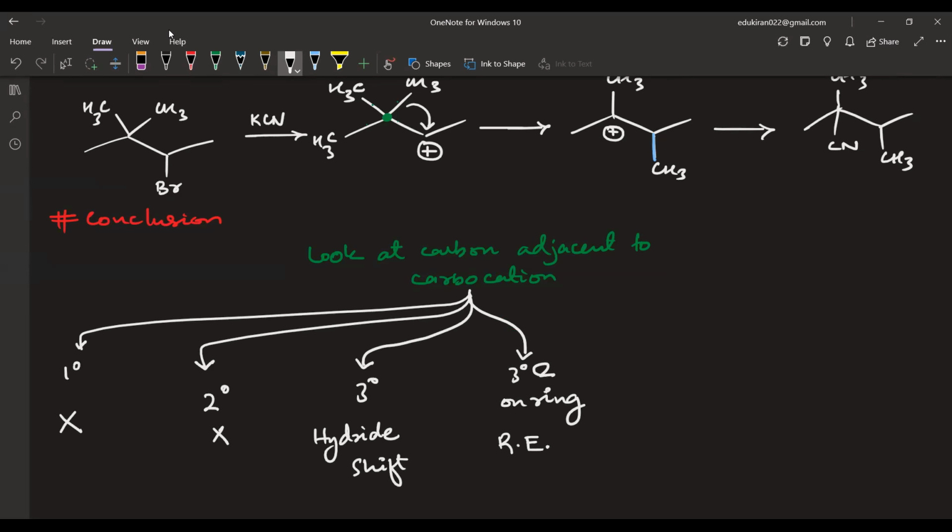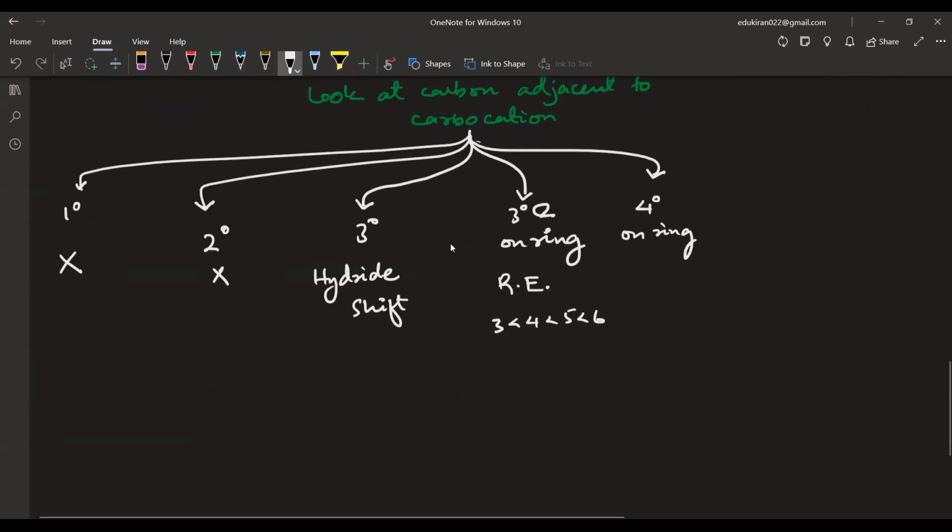And even if ring expansion, please remember that 3 will change to 4, 4 will change to 5, right? And 5 will change to 6. And again, 6 is the most. You cannot expand the ring after 6. Okay, please remember this. Now, again, if it is 4 degree and on ring, then also what is going to happen? So for example, you have some option like this.